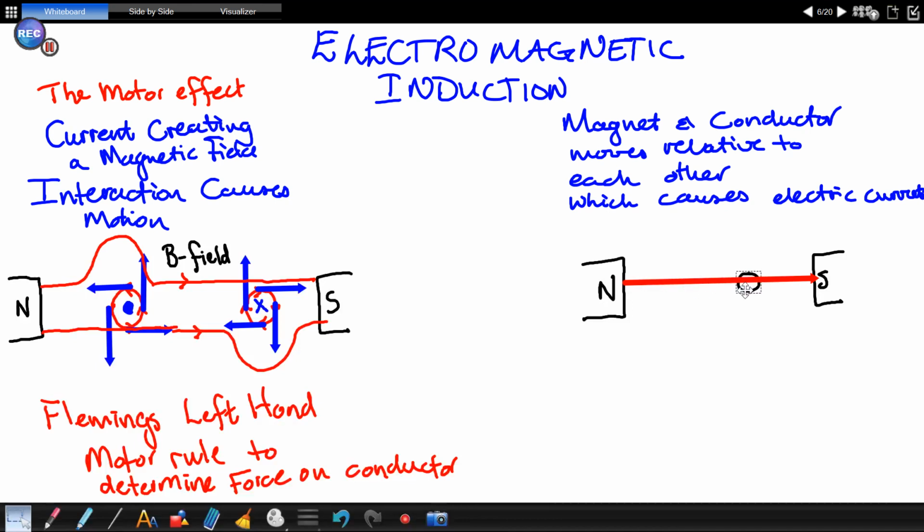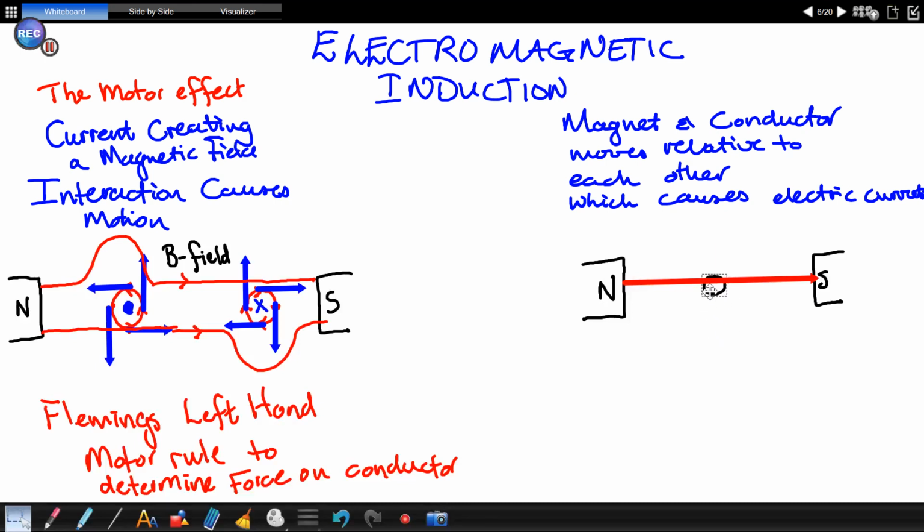When you do that, you do not change the magnetic flux that is linked to the conductor. I'm using last year's terminology now. So if you do that, there's no change in magnetic flux, so there will be no induced current. The moment you move it up or down, there will be an induced current.